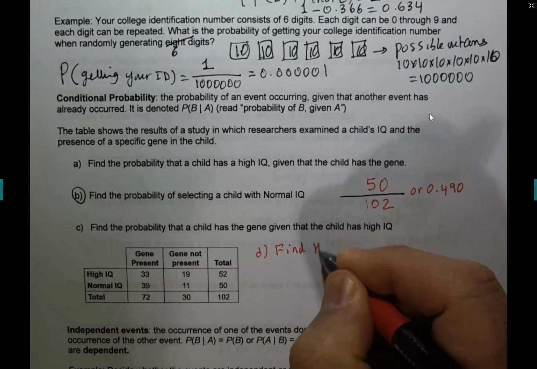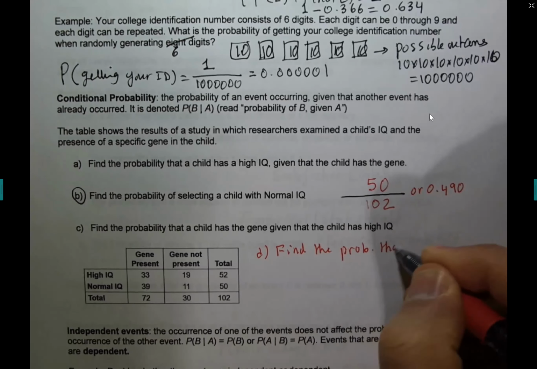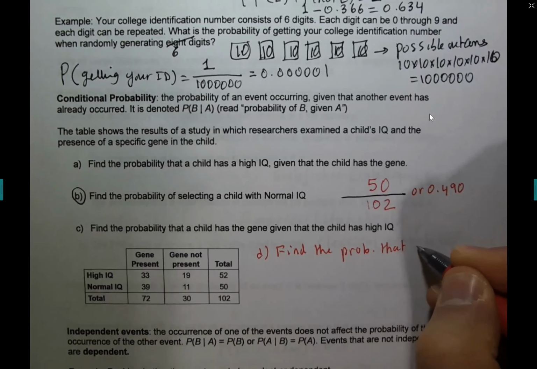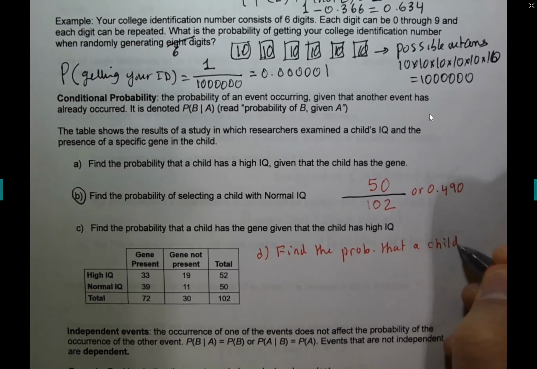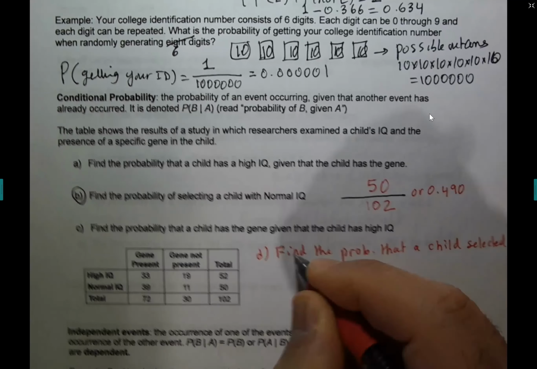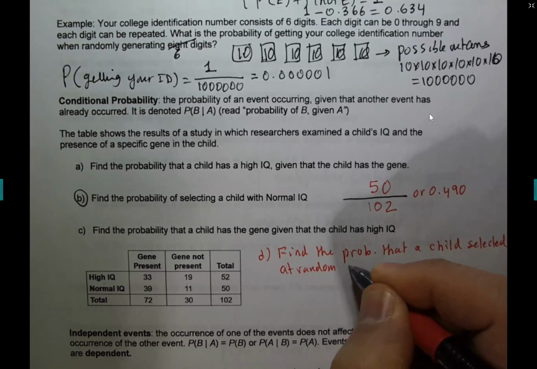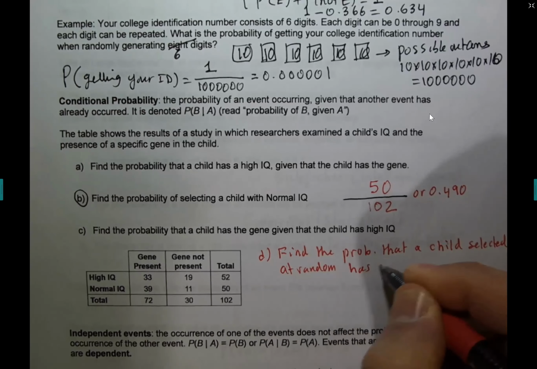Find the probability that a child selected at random. It's always at random. We're not looking at how we're selecting. Has gene present.